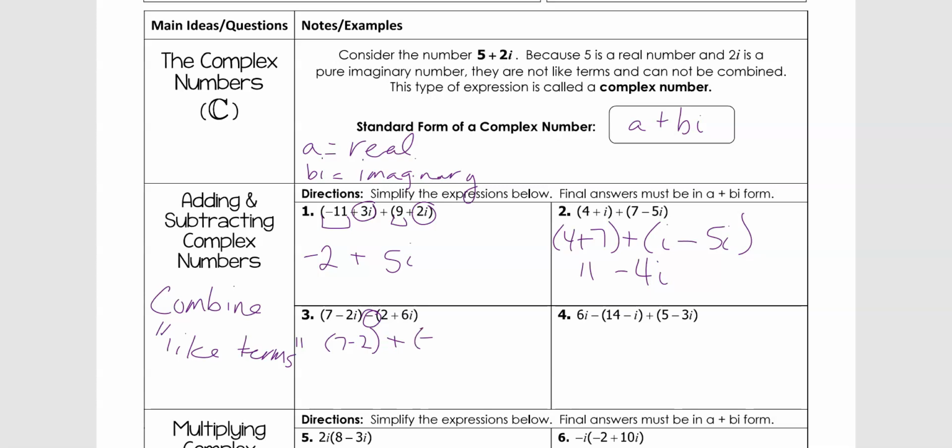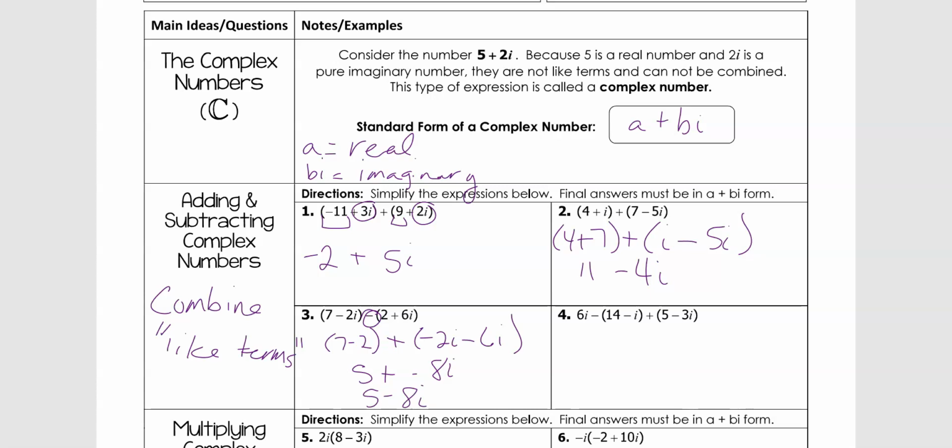And then we have negative 2i minus 6i. All right, 7 minus 2 is 5, plus negative 2i minus 6i is negative 8i, or you can write 5 minus 8i. Either is acceptable.